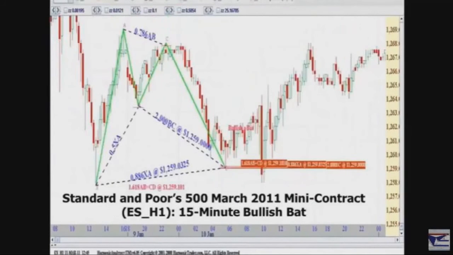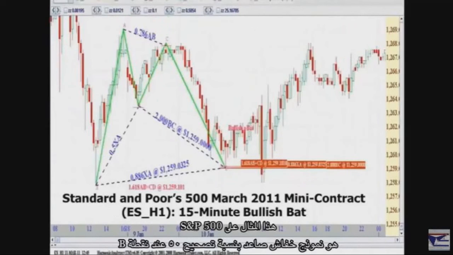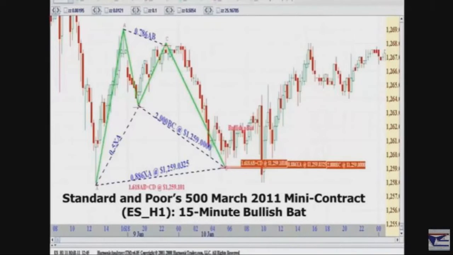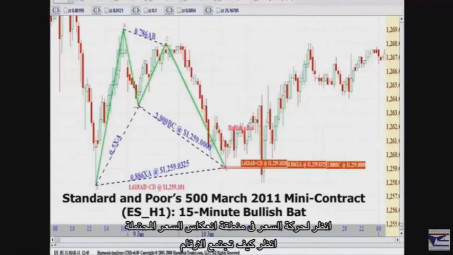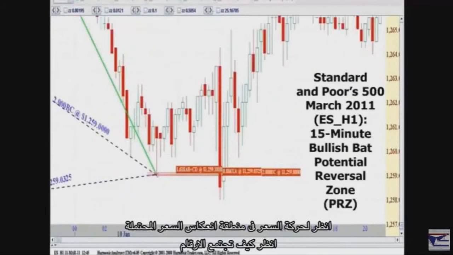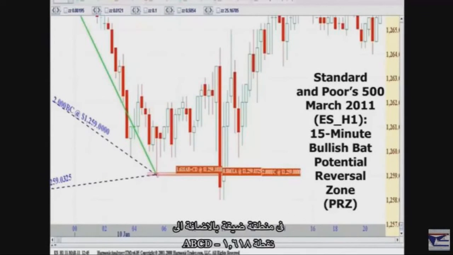Now, in this example of the S&P 500, here's a nice bullish bat with an exact 50% at the B point. That sets us up for our 2.0 BC with an 886. Looking at that price action, the potential reversal zone, look at how those numbers all came together in a tight area, including the alternate 1618 AB equals CD.